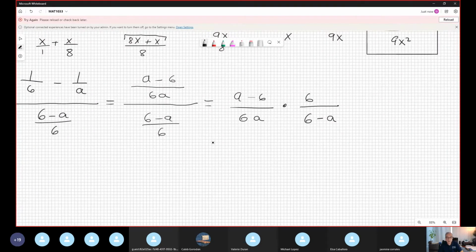At least I can see clearly that this 6 says goodbye. Yes or no? And 1a stays alive in the bottom. But you see, what is the relationship between a minus 6 and 6 minus a? Are they family or no?